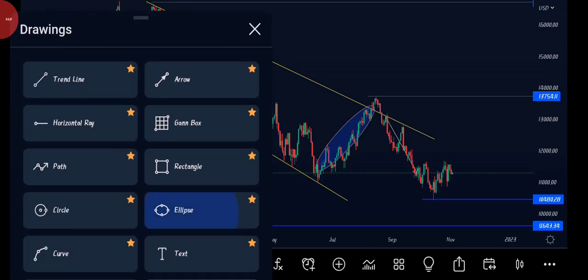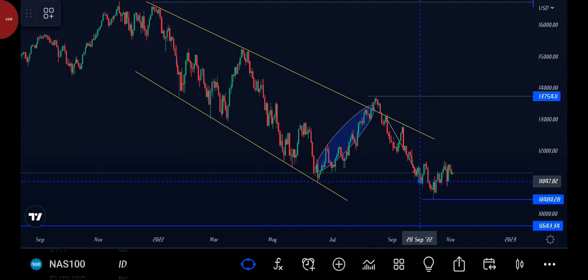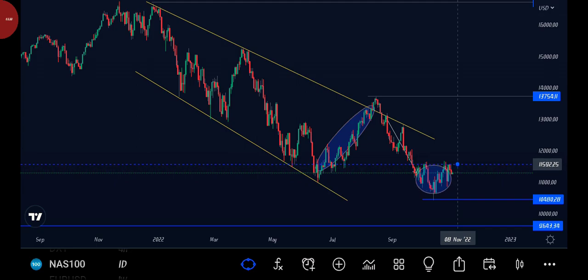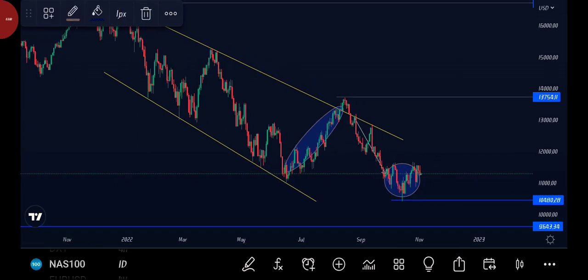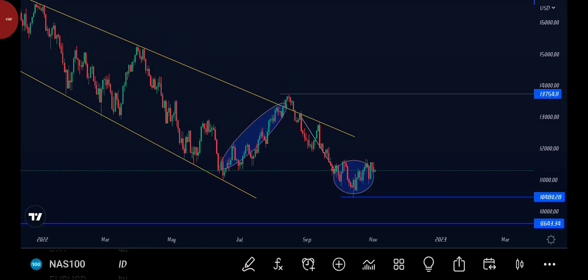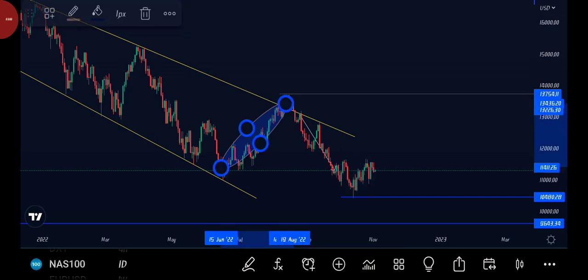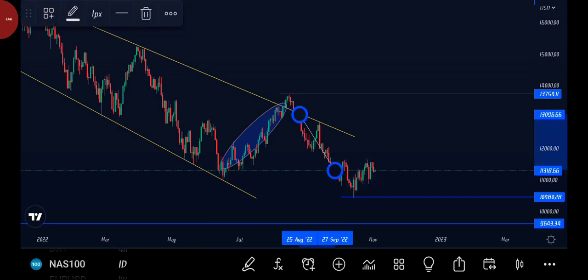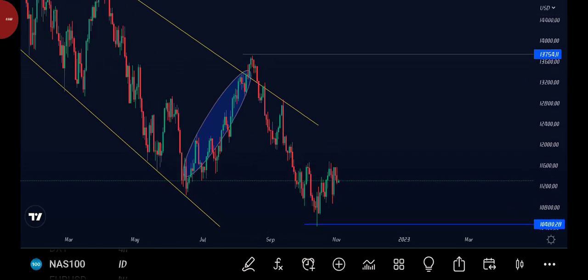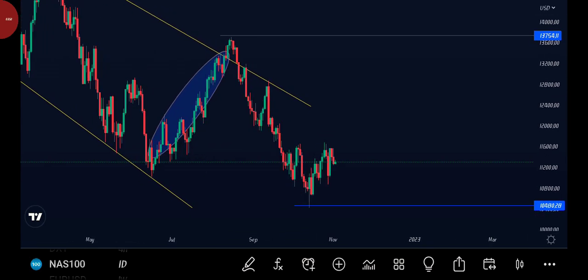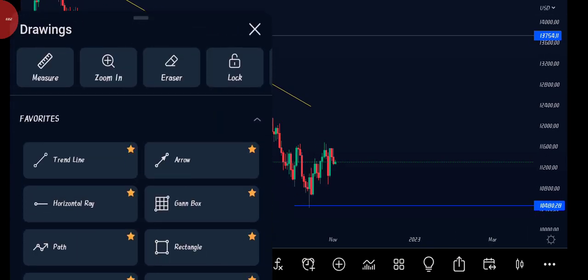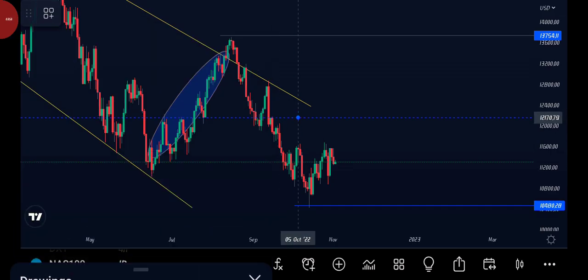So this is the correction I'm talking about over here. Now this one being the correction, I'm going to delete this one, then delete this one. Yeah, so we are going to deal with the current market price.